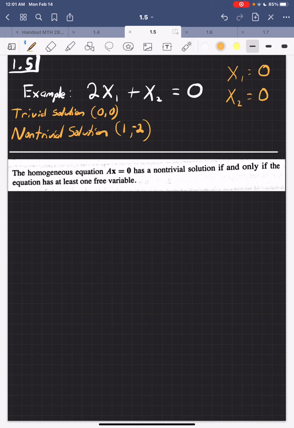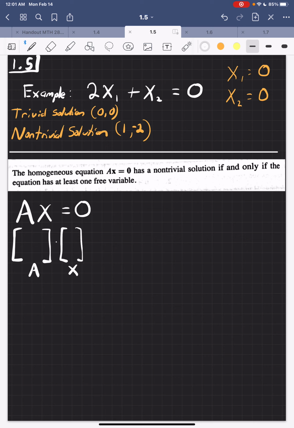Well, we are looking for non-trivial solutions to what exactly? We're going to start with the equation Ax is equal to 0, right? And of course, that means that some matrix A times some vector x is going to be equal to some 0 vector. Now, when Ax is equal to 0, we're going to give that a name, and it's a name that you're going to need to commit to memory.